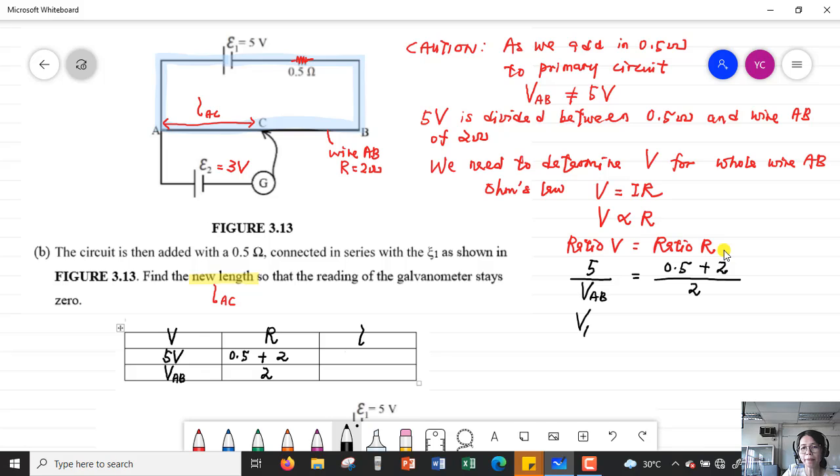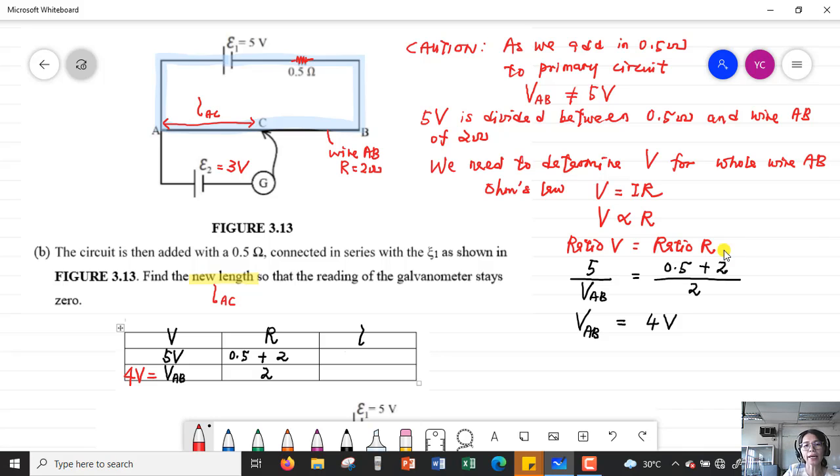So we can find how much voltage is dropped across the wire AB. When we do the calculation, we will get the voltage across AB is now reduced to 4 volt. So the voltage across AB is only 4 volt.